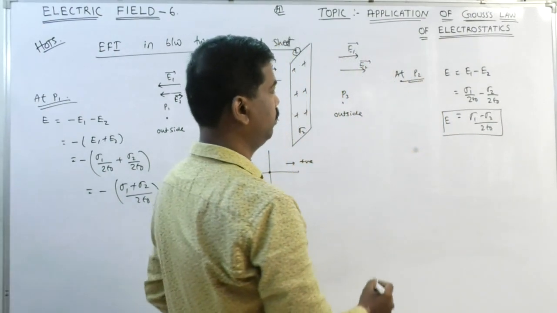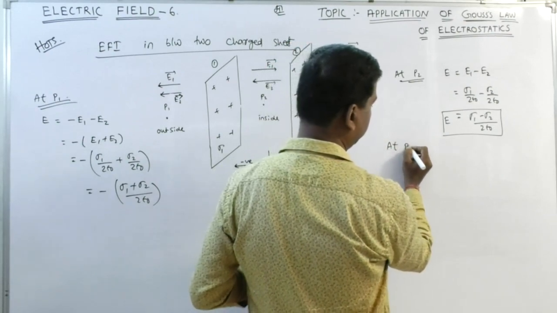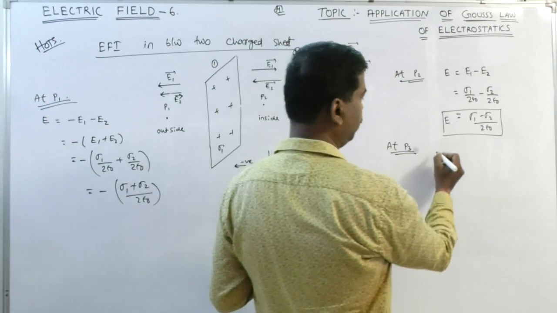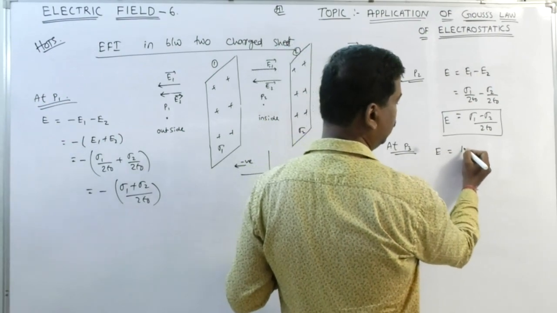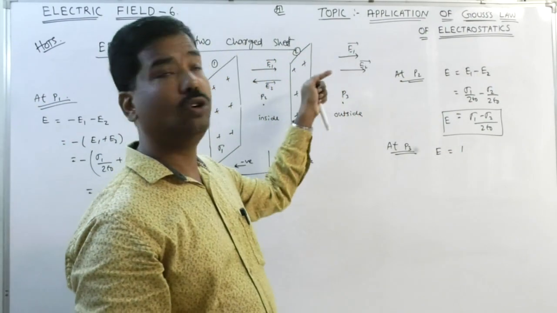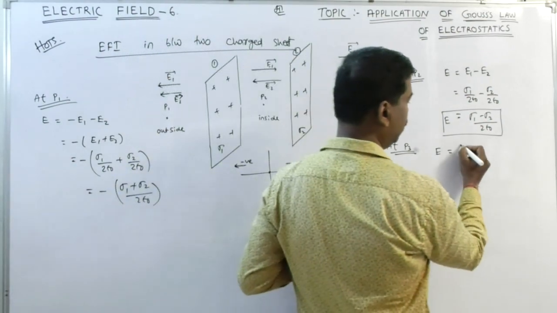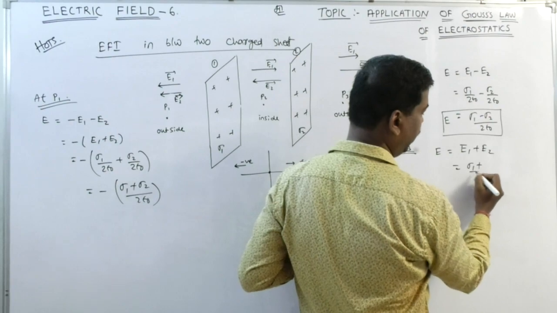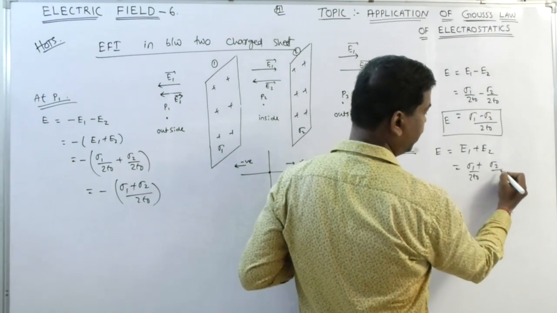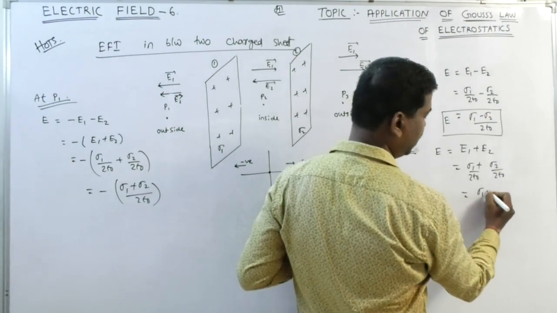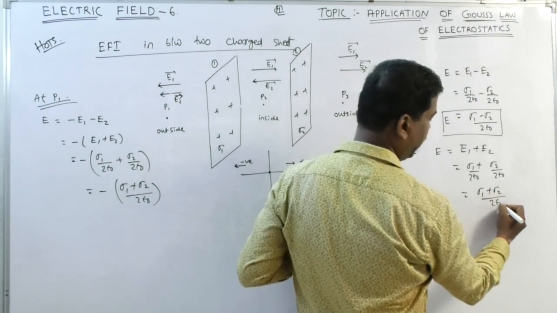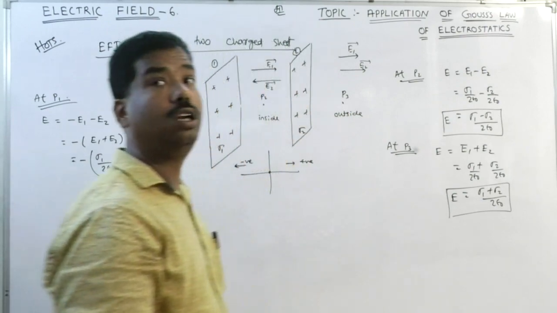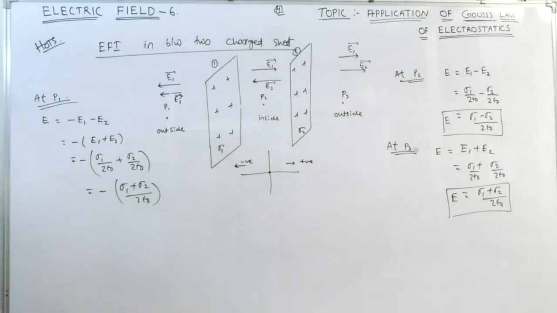Clear? At P3, both are in the same direction, so E1 plus E2 is equal to sigma 1 by 2 epsilon 0 plus sigma 2 by 2 epsilon 0, so sigma 1 plus sigma 2 by 2 epsilon 0. Clear? Now the question arises.